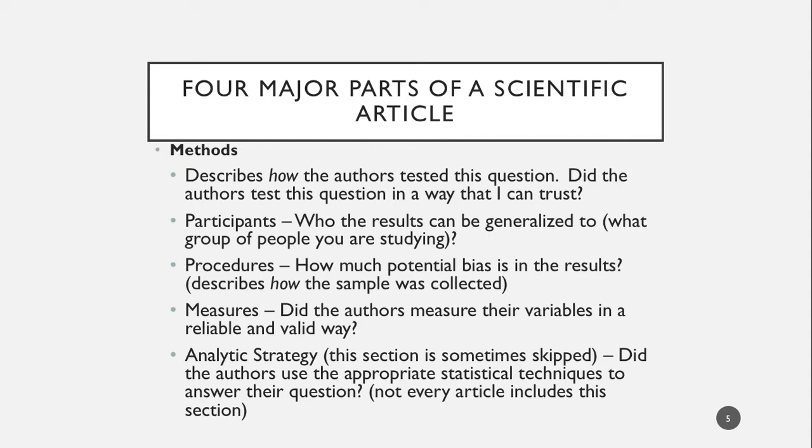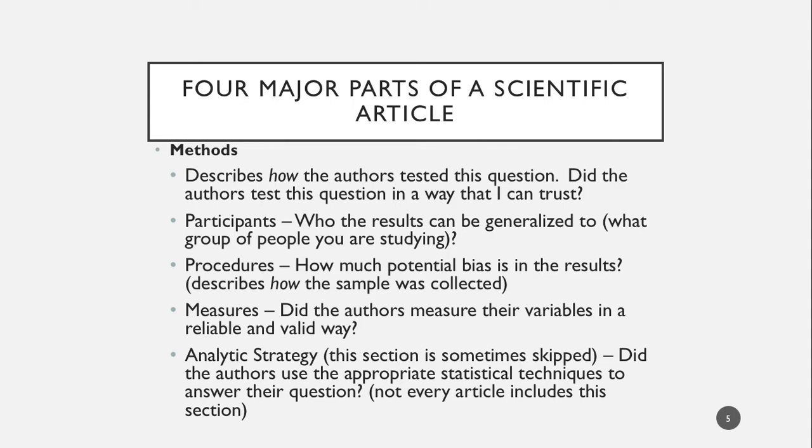In the participant section, you describe what group of people you're studying, and some of the characteristics. And then in the procedures, you talk about how the study was performed and how the sample was collected. It helps people understand potential areas of bias.